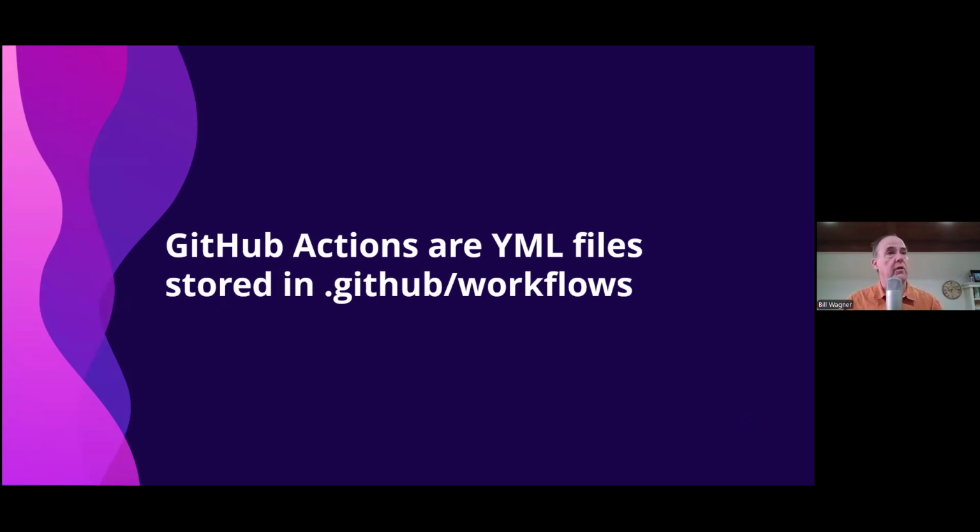It might trigger every day to do a nightly build. It can trigger when someone opens an issue and do actions like add labels, saying this is a new issue, or it can trigger when issues get closed or when a PR gets closed. There's some automation GitHub automatically has to parse it for fixes, comments, and close issues and so on. And these are all in these config files.